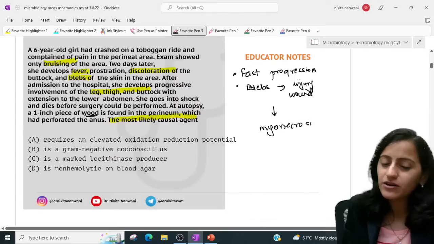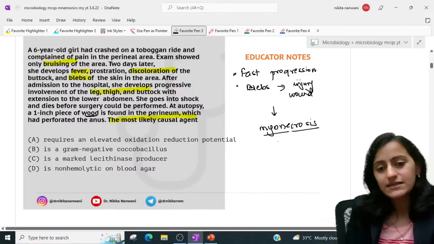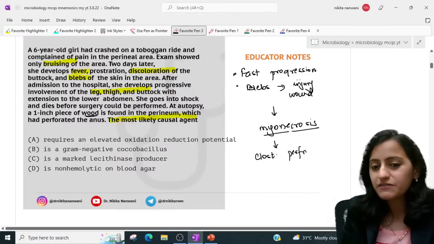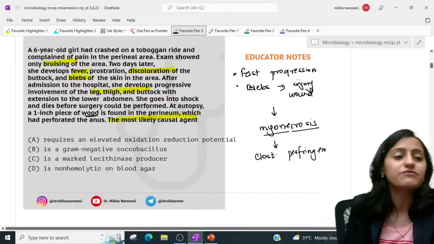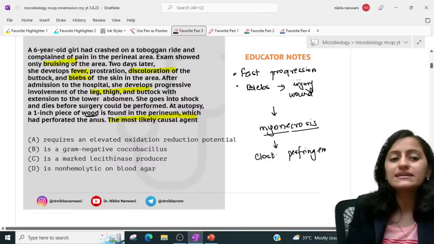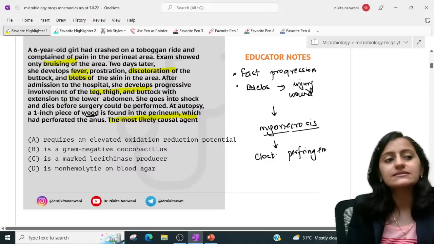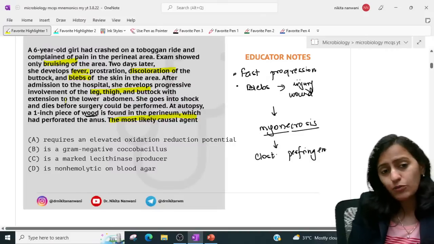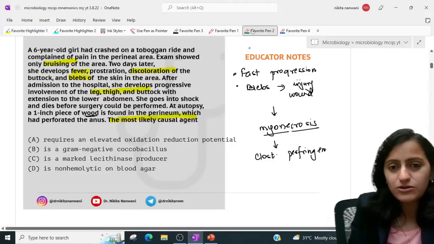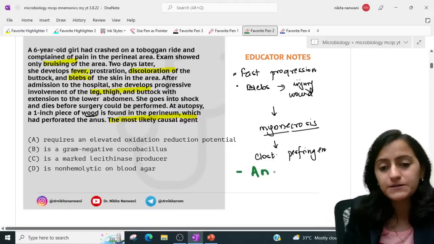Okay, so basically we are talking about myonecrosis here, the muscular necrosis, and the causative agent for that is Clostridium perfringens, right? Now the question is not directly asking, this is a two-step question, where it is asking what is true about Clostridium perfringens? Few important points about Clostridium perfringens: is it aerobic or anaerobic?